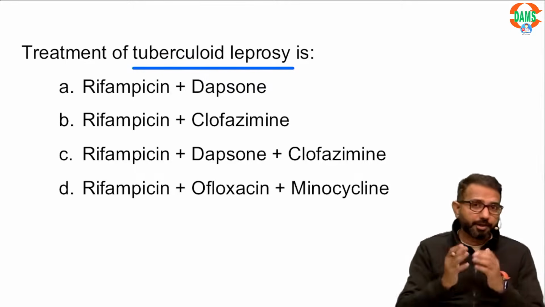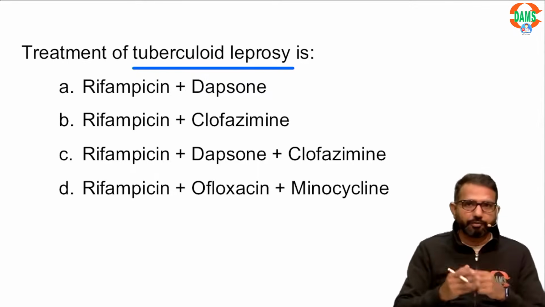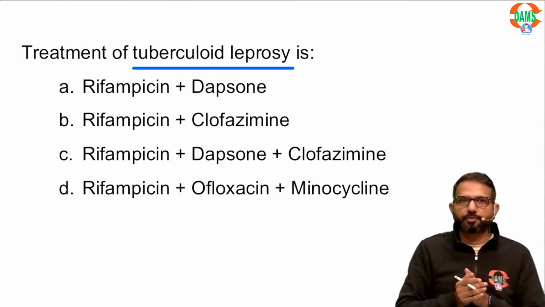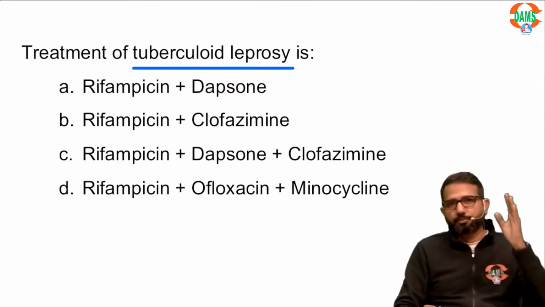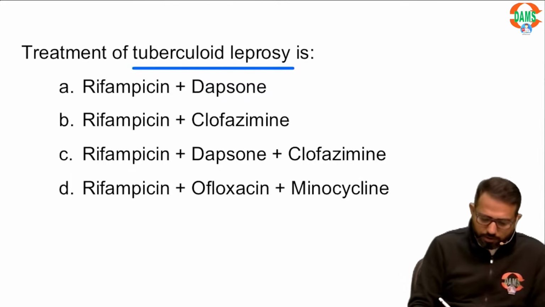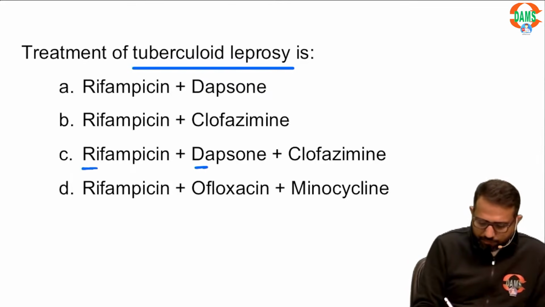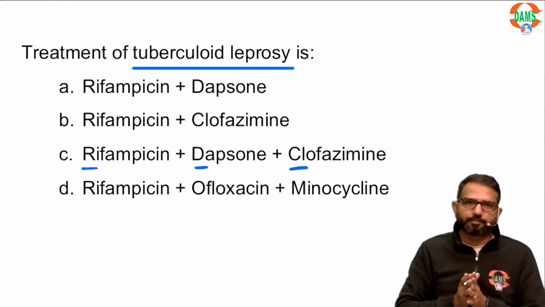You have to be updated in pharmacology. If you follow the old thing, you will get confused and get the wrong answer. Nowadays, for all leprosy patients, whether multibacillary or paucibacillary, the same drugs are used, only the duration is different. In all these, we use the rifampicin, dapsone and clofazimine, the RDC regimen.